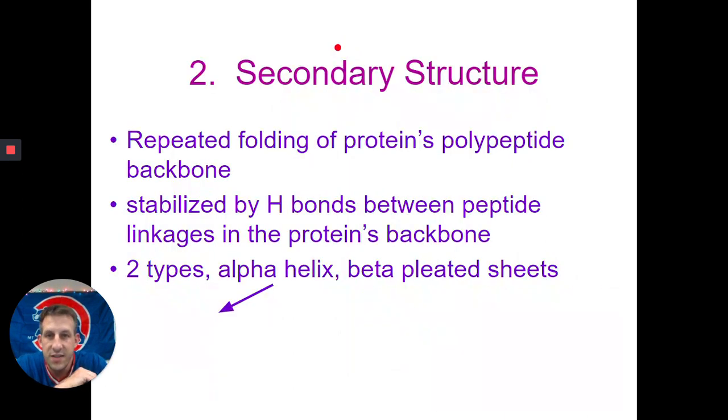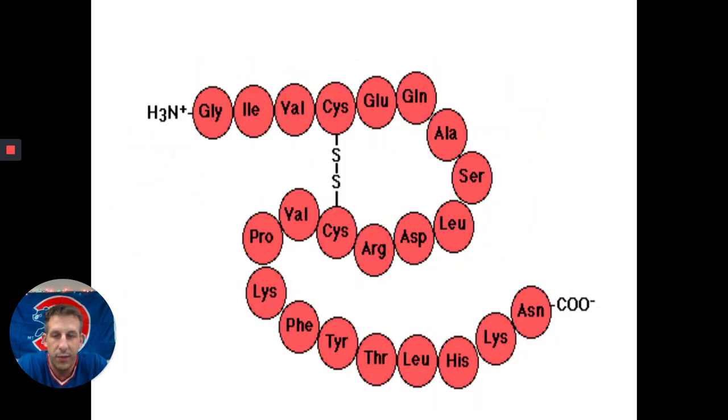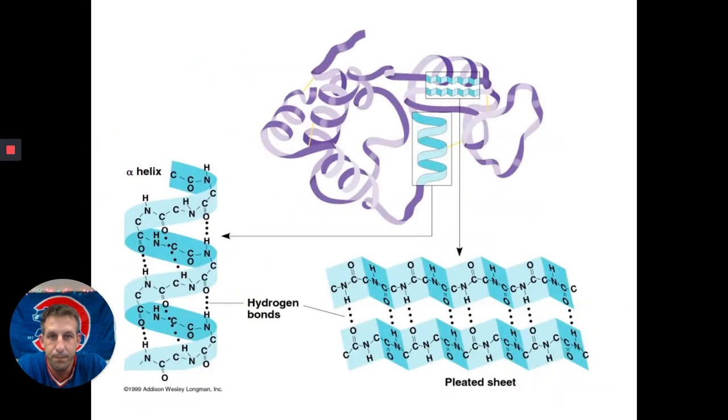And so the reason that this alpha helix and these beta pleated sheets are kind of intermingled in this primary structure is because of the association of different amino acids with neighboring amino acids. Okay? This right here is the carboxyl group of this particular amino acid, and it has a slight negative charge, and it can make a hydrogen bond with the H from this amino acid down here.